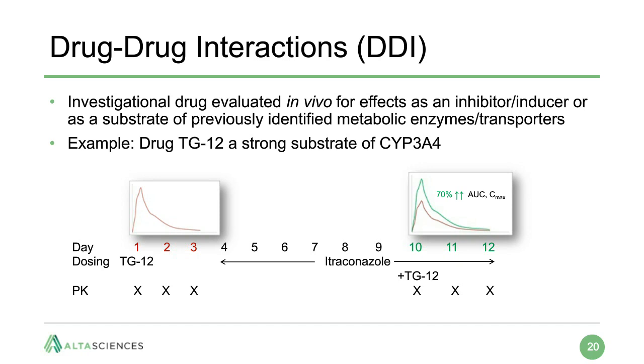Now, in this example, drug TG12, which was shown to be a strong substrate of the metabolic enzyme CYP3A4 from human liver microsome studies, and itraconazole, a well-known inhibitor of the CYP3A4 enzyme, was used in this study to evaluate its drug interaction potential. Now, the study was essentially divided into 3 parts.